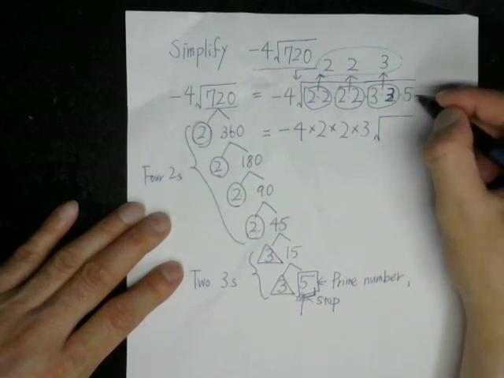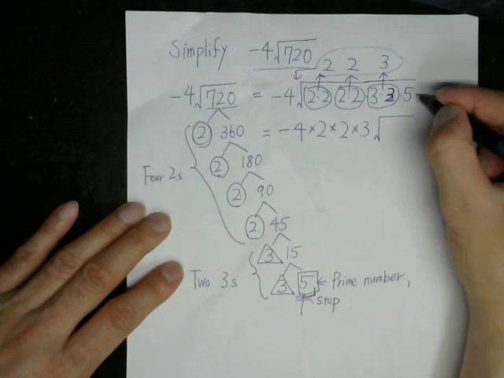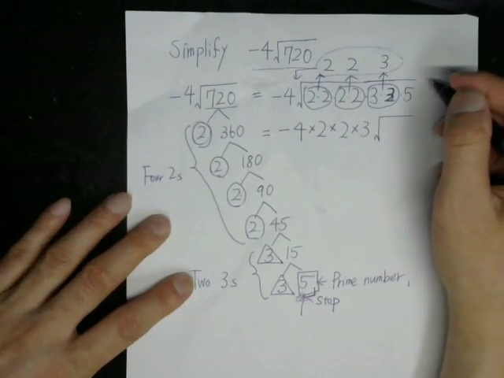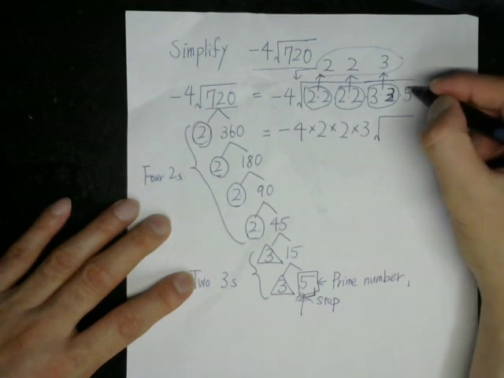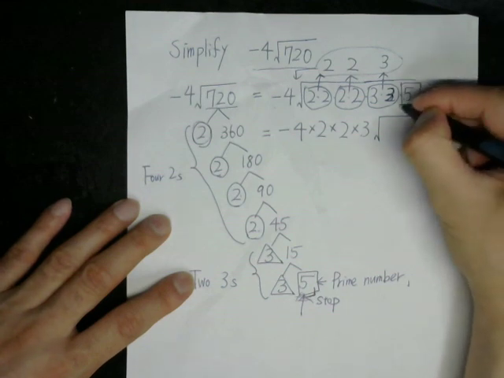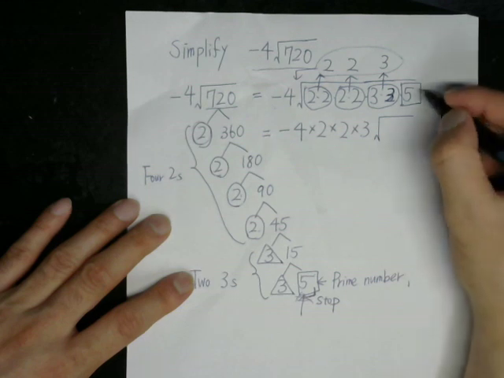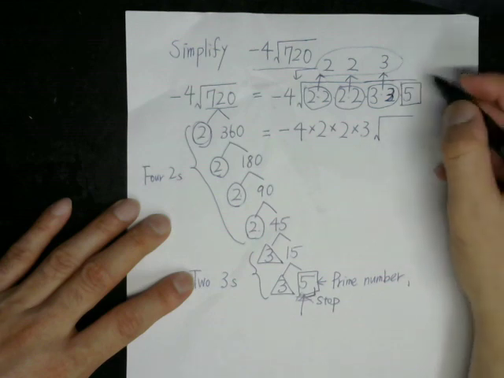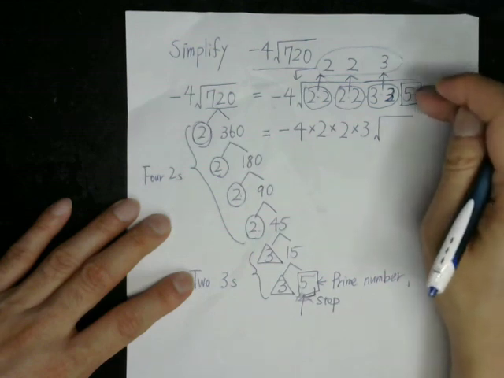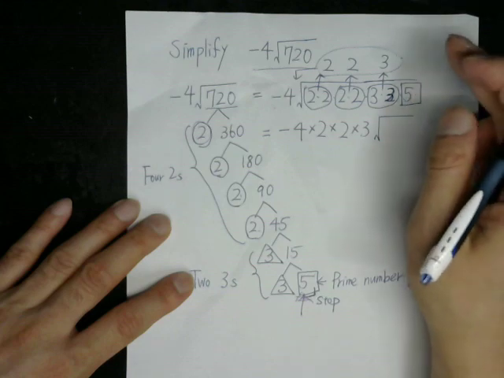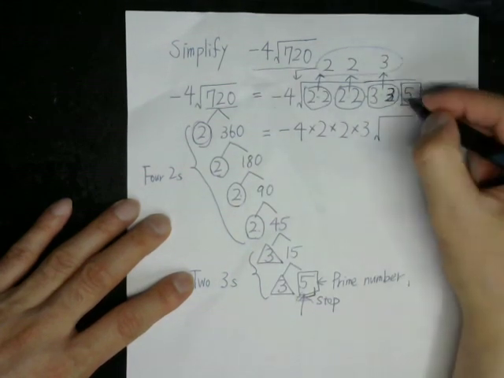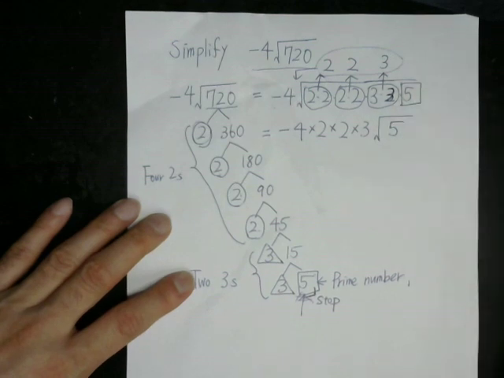There's somebody who has to stay inside the square root as a result of simplification. Who is that? This guy, 5. Because this 5 couldn't find a pair to match up, he can't marry out and become a whole number. So he has to stay inside the house.